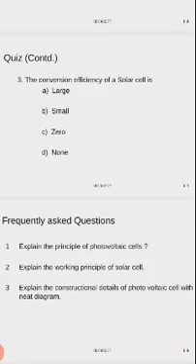Frequently asked questions. Explain the principle of photovoltaic cell.